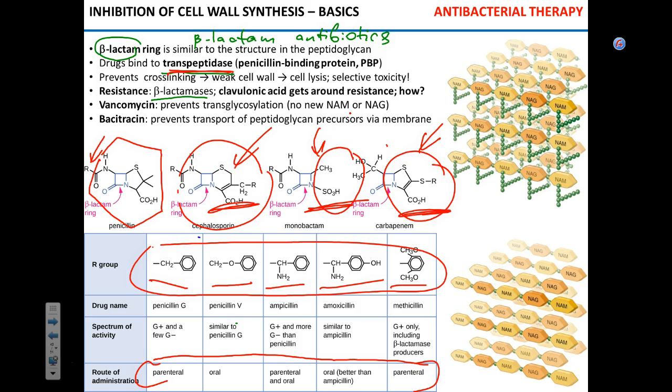So when we change the side chains, side groups of antibiotics, what do we change as well? Be more specific. What type of function? What type of structure? But it leads to change in function. In which functions? Two things. Which bacteria they inhibit, so spectrum, and also what else? The resistance.